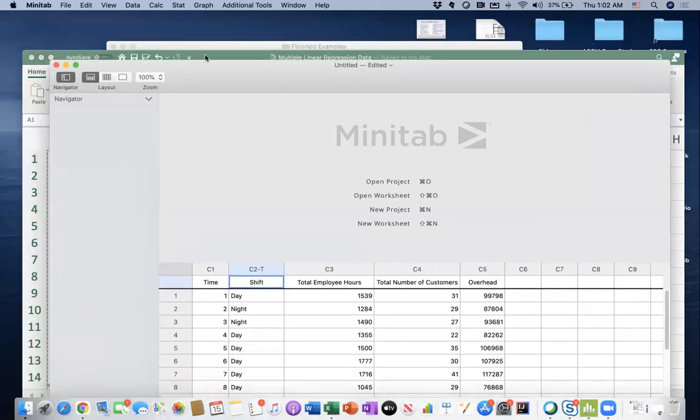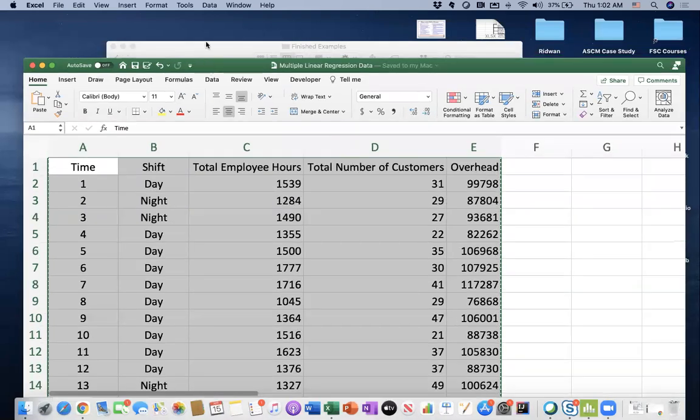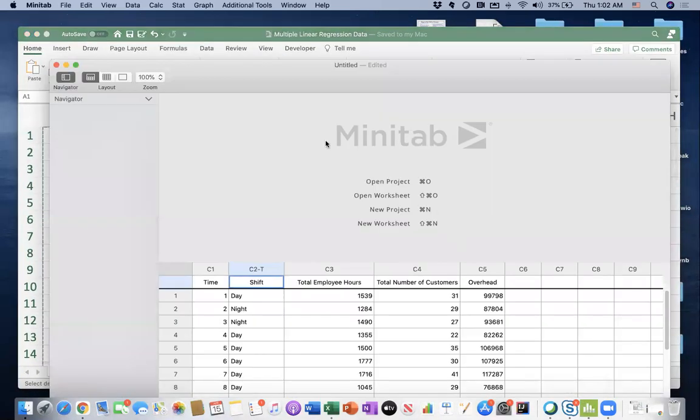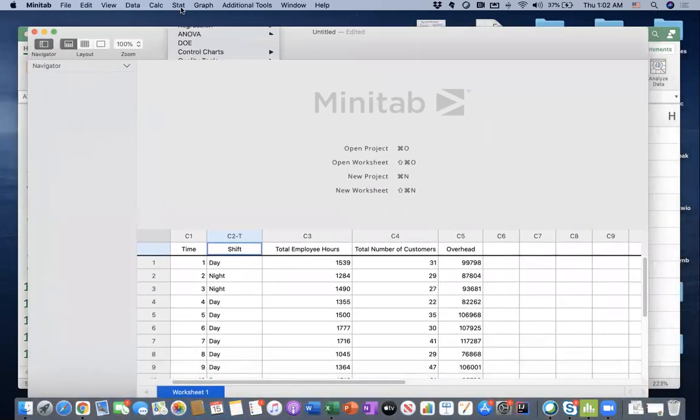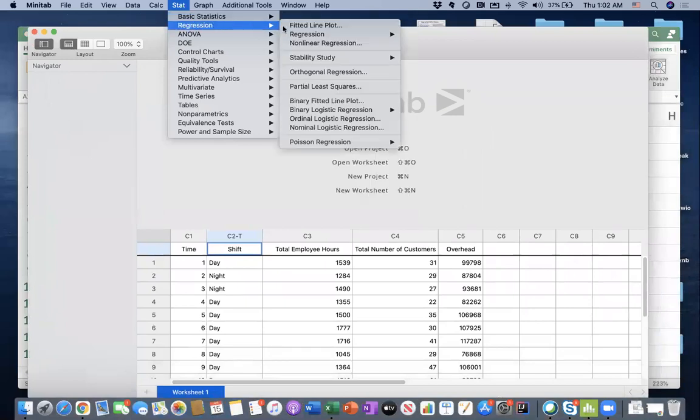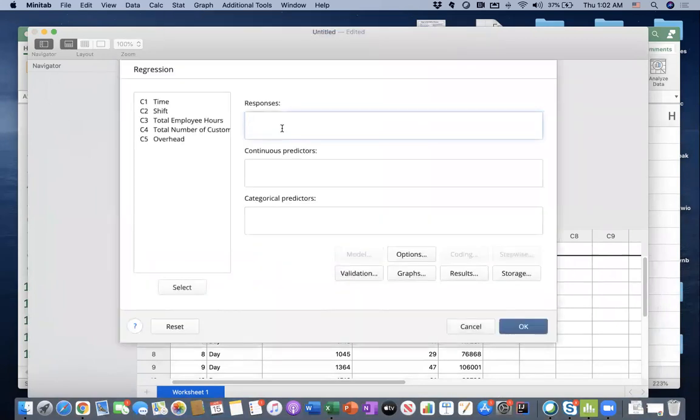So let's get back to our example. I was on Minitab, and I clicked on Stat, Regression, and Fit Regression Model. Now I know that I do have a categorical predictor as my shift. Let me first select the overhead as my response variable.